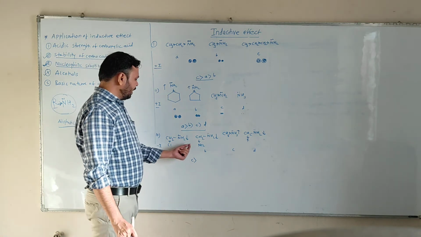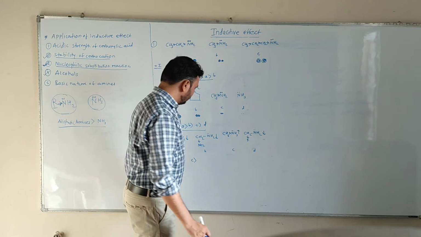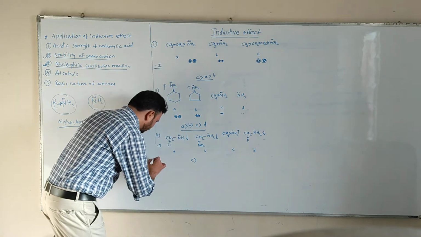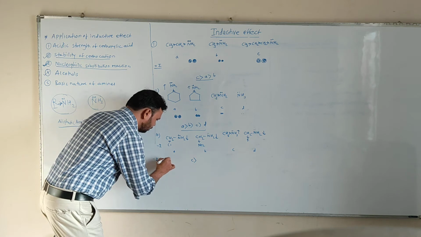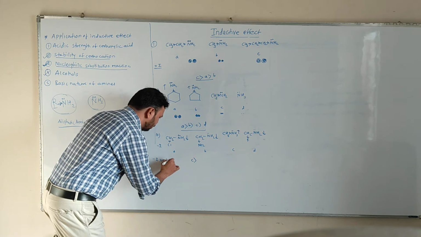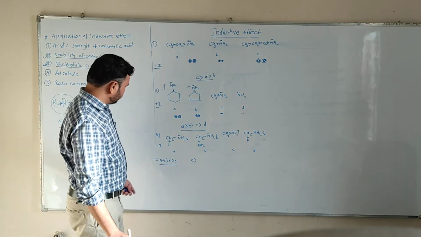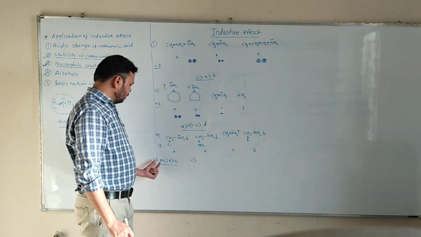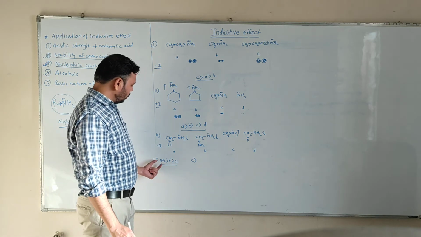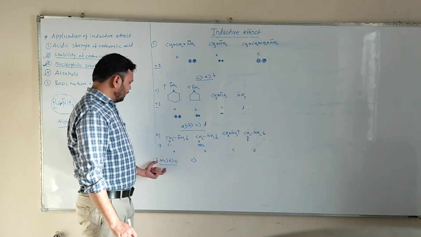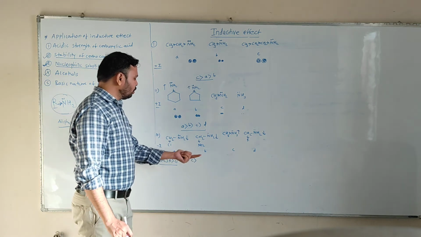Then comparatively, for Cl, NO2, F, the minus I effect order for this group R is: NO2 is very strong, then fluorine, then chlorine. The minus I effect is strongest for NO2, then fluorine, then chlorine. According to this, chlorine has the least effect, meaning it is more basic.